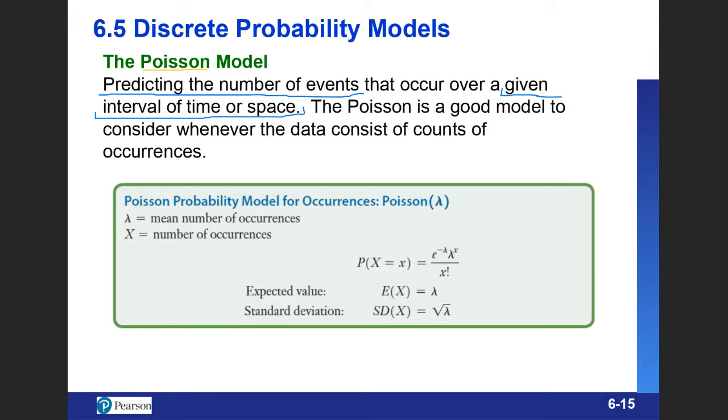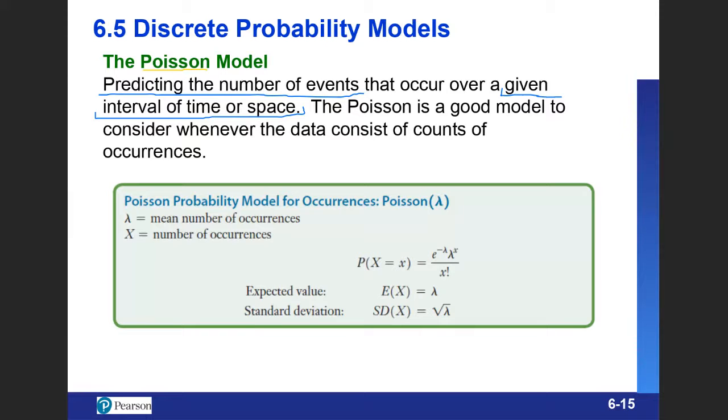Now, how do I know that I'm going to use a Poisson distribution or a Poisson model? What is it that I said in that example that relates to what I have marked here on this slide? The number of occurrences over a given time frame.